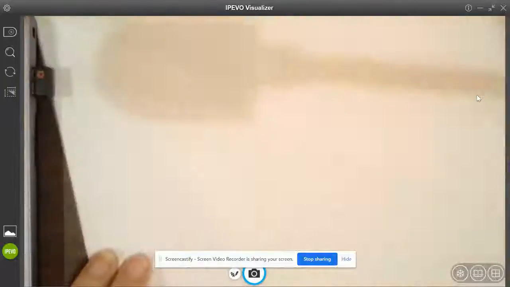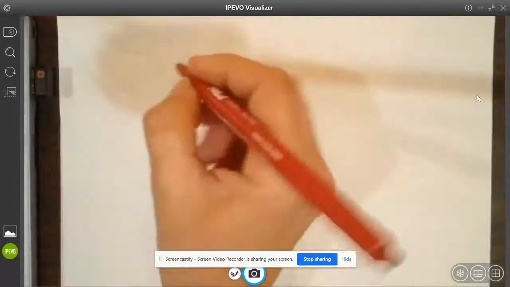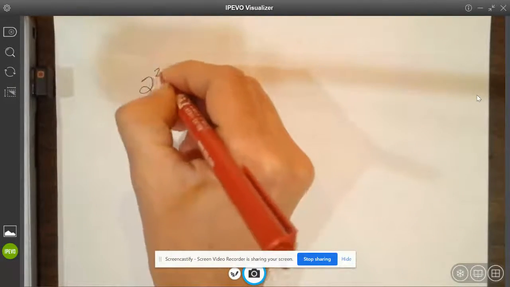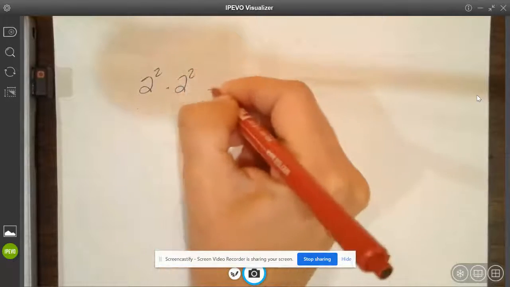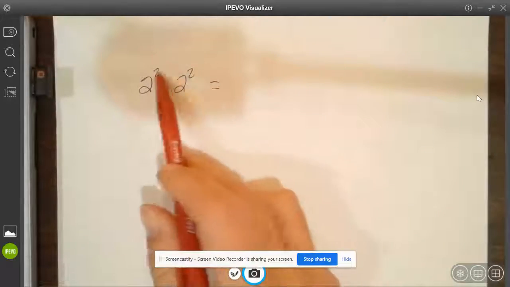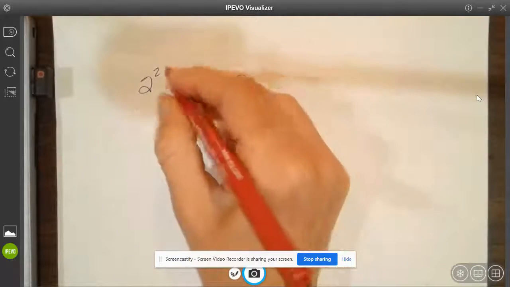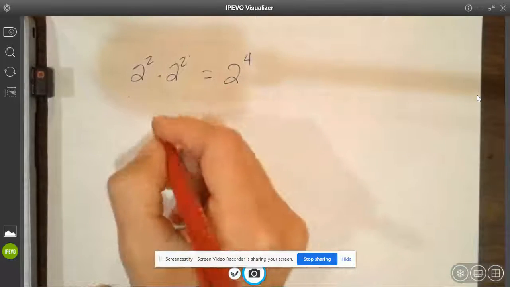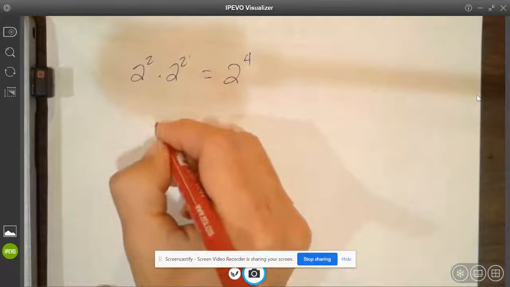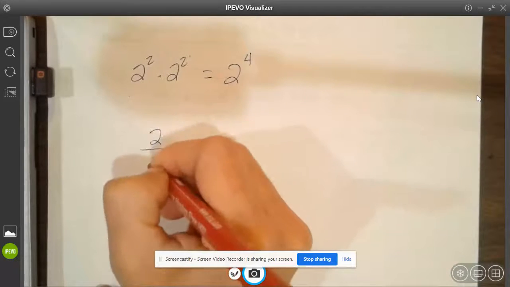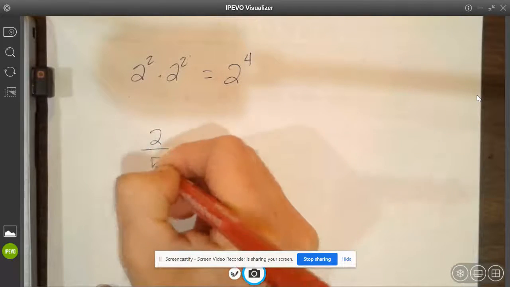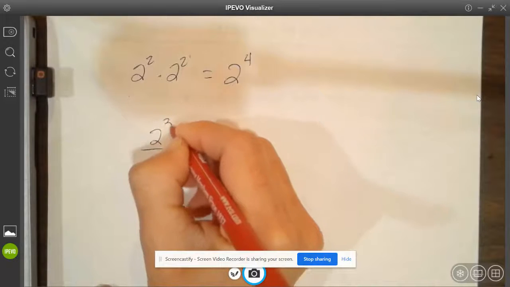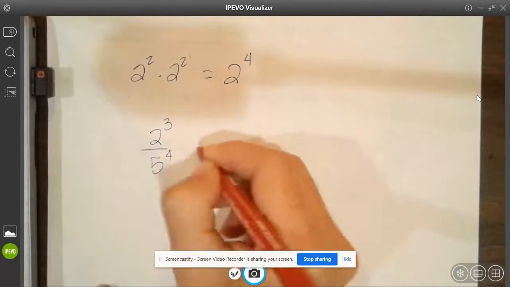Okay, so when you multiply numbers with exponents, you add the exponents. So we have 2 times 2 is 4. When you divide numbers with exponents, so that's 2 over 5 and then 3, and then 4.